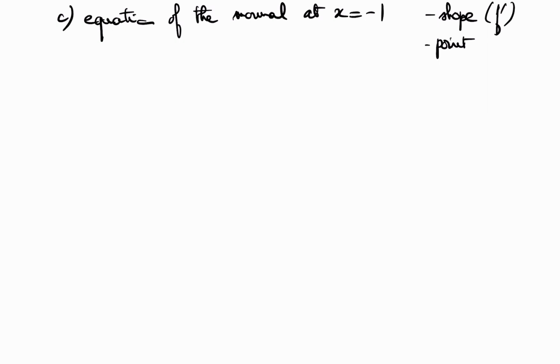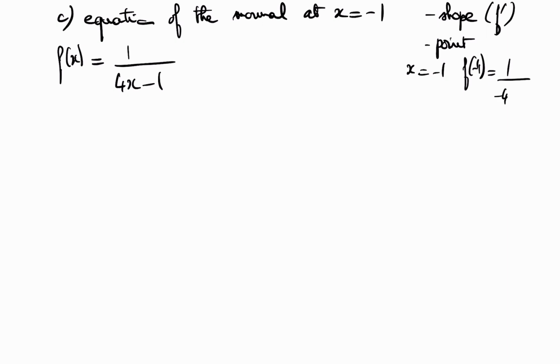Well, let's find this first. Rewriting f of x as 1 over 4x minus 1, at x equals minus 1, f of minus 1 is equal to 1 over minus 4 minus 1, so it's minus 1/5. So that means that the point is (minus 1, minus 1/5).